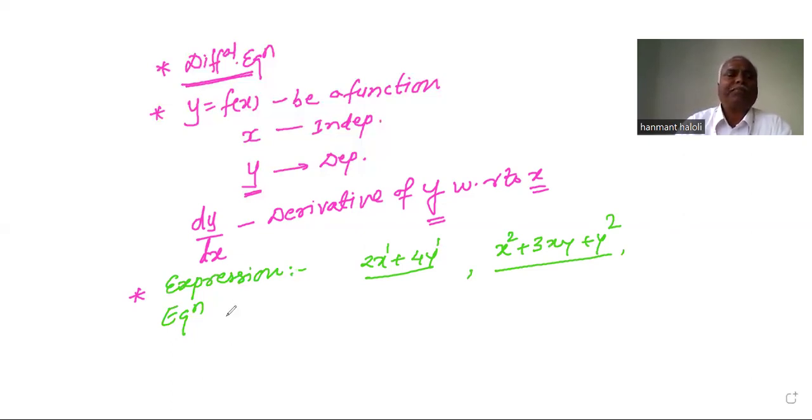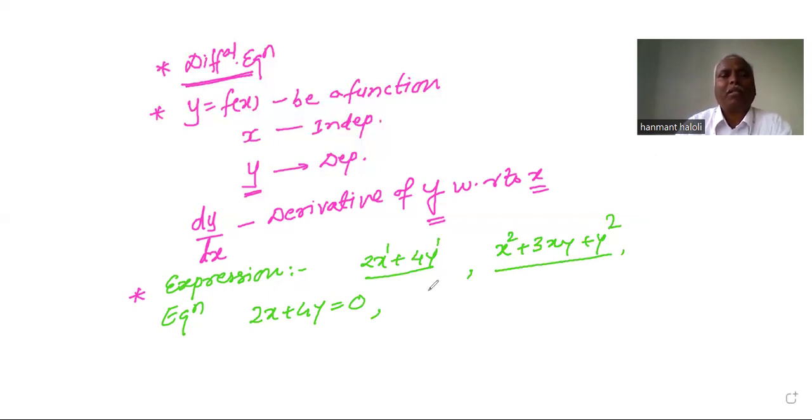Now, an expression containing an equal sign. Suppose 2x plus 4y equal to 0. It means one variable can be expressed in terms of the second variable, or any number of variables expressed in terms of one or two variables.